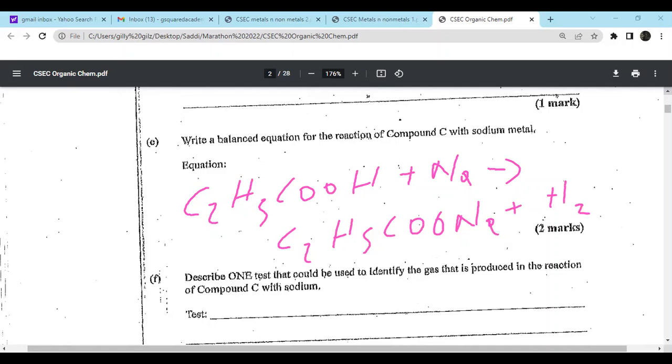Okay, and then because that is hydrogen, you need a 2 there and a 2 there and a 2 there. Okay, so that would be your balanced equation for that reaction.